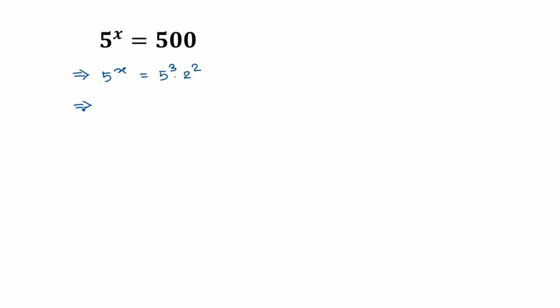Now taking log to both sides, we can write log of 5 to the power x is equal to log of 5 to the power 3 times 2 square.